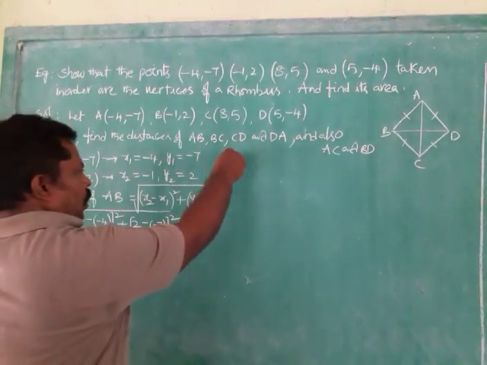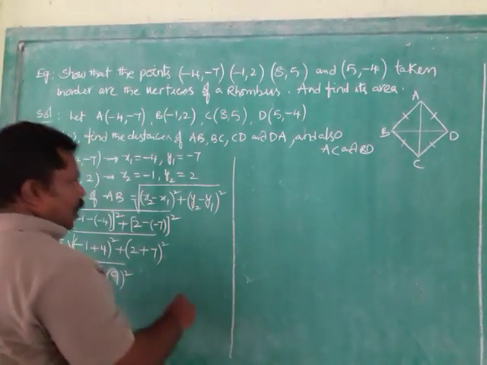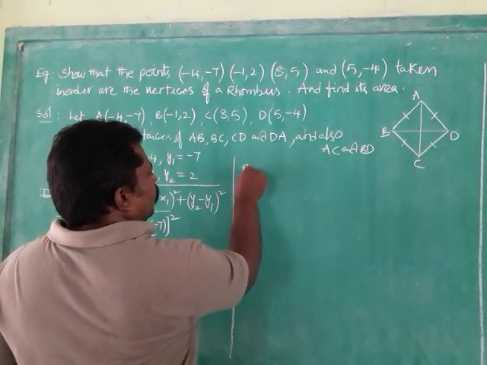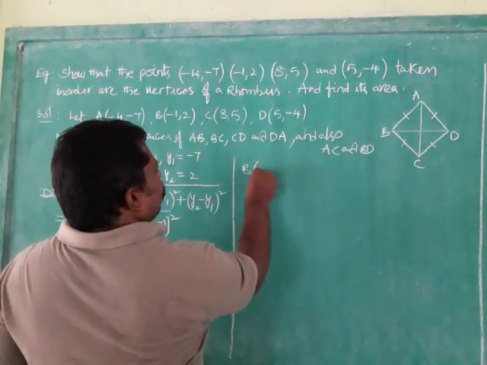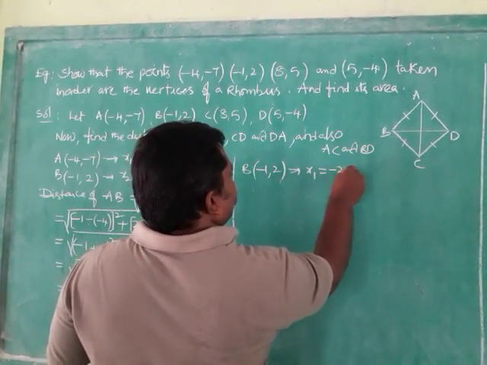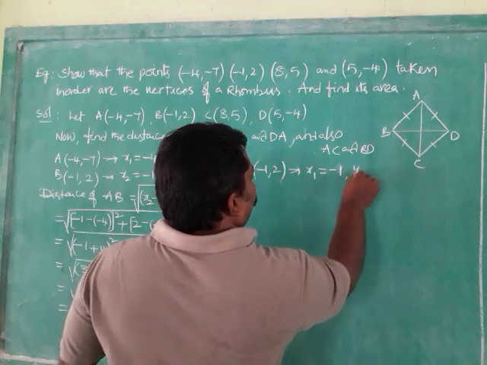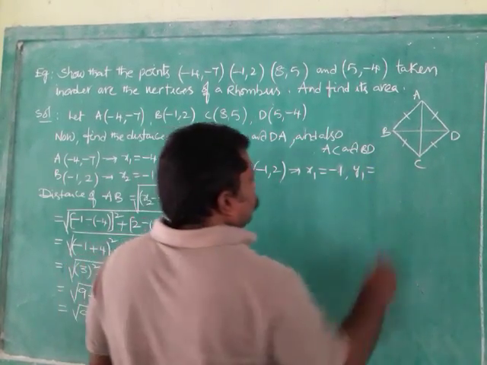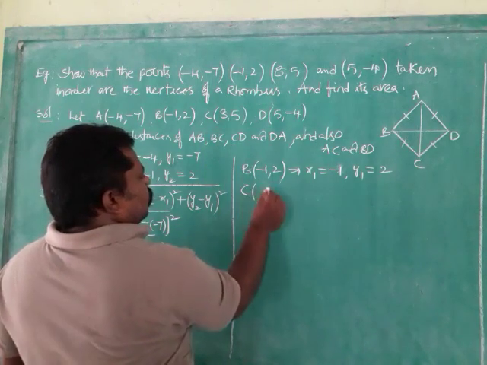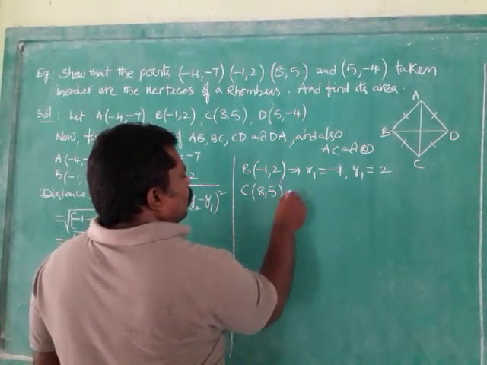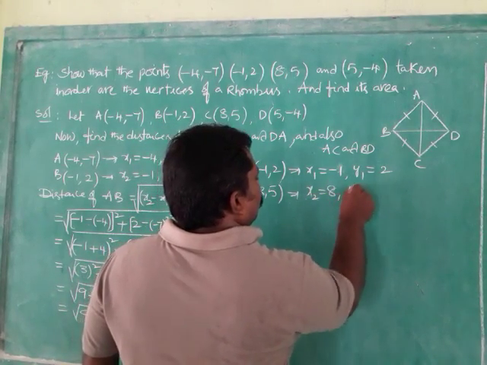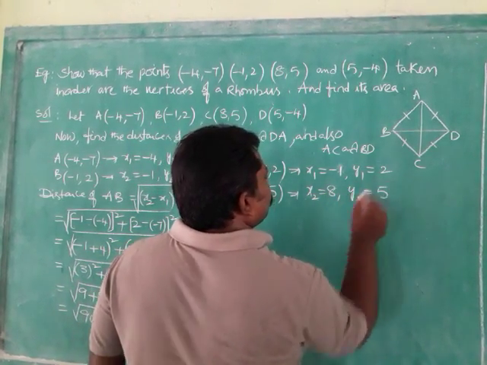Same as BC. B value is minus 1 comma 2, that implies x1 is equal to minus 1, y1 is equal to 2. C value is 8 comma 5, that implies x2 is equal to 8, y2 is equal to 5.